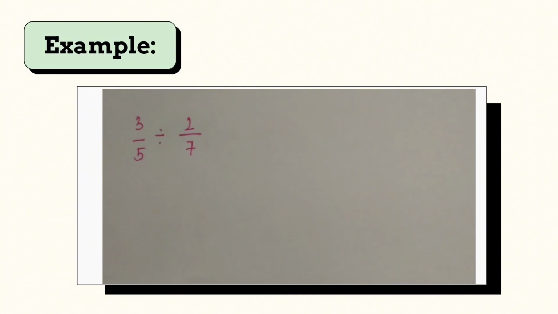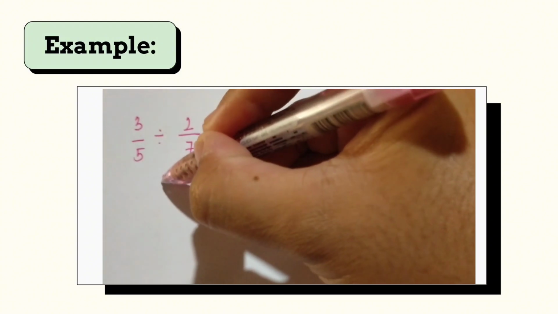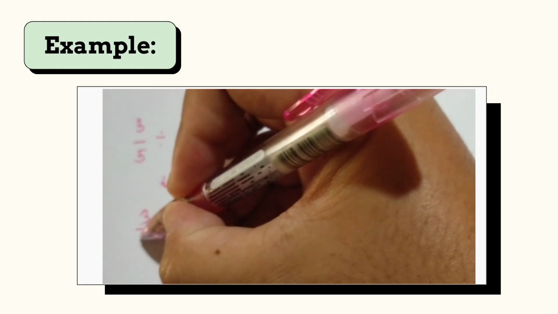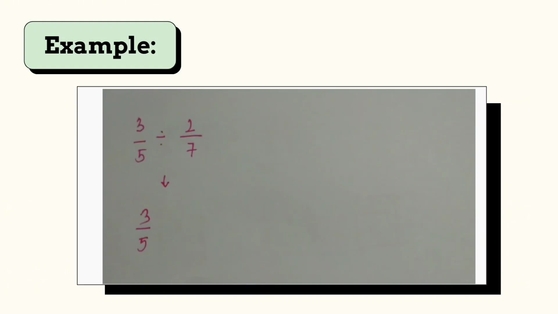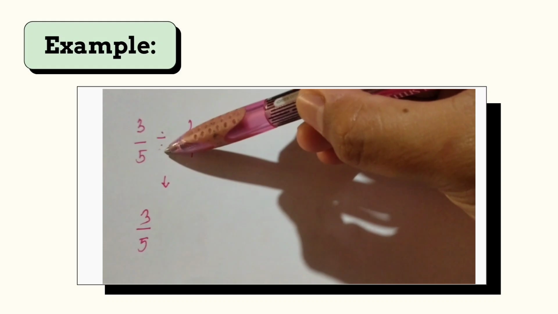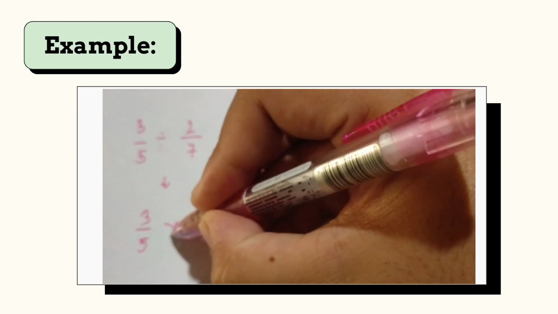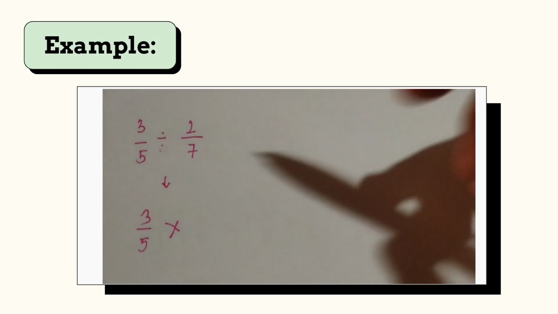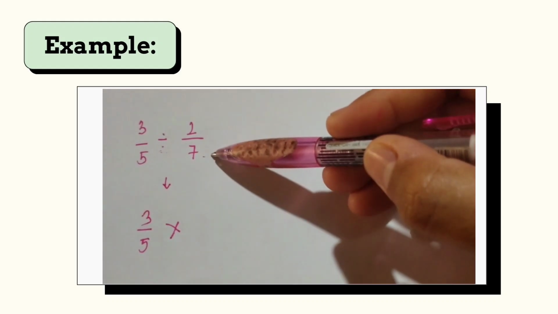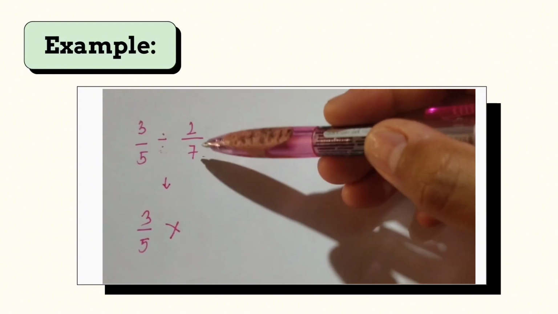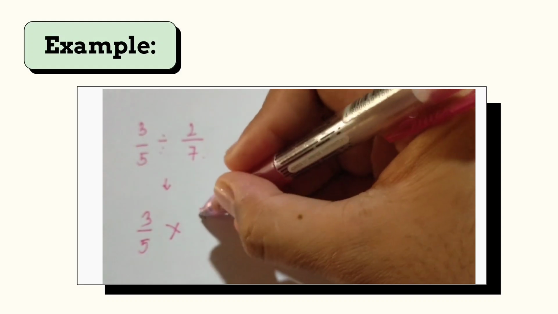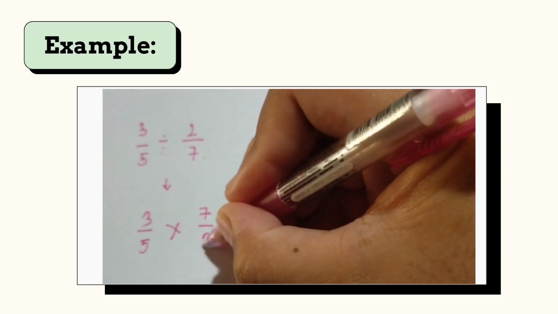First, we will keep this first fraction as it is. So, we can rewrite it down as 3 over 5 here. And then, we will change this division sign into a multiplication sign. So, it will be multiplication, times. And then, we will flip this second fraction or take its reciprocal. So, 2 over 7 will become 7 over 2.